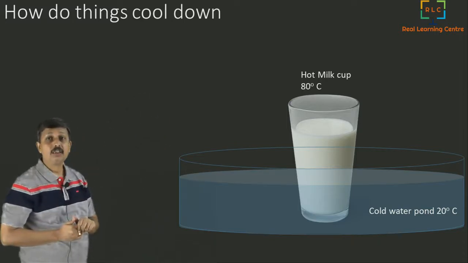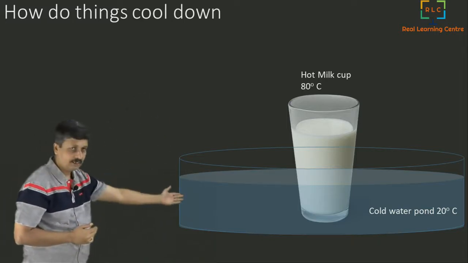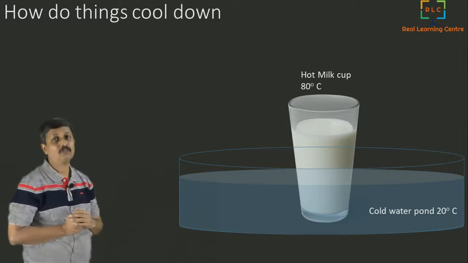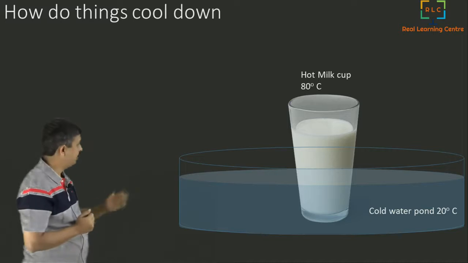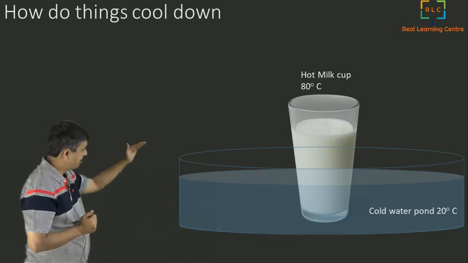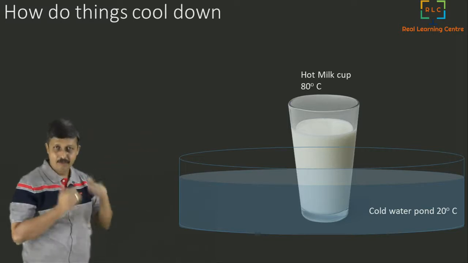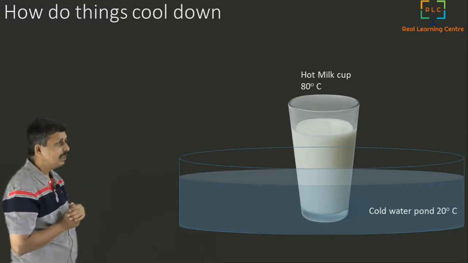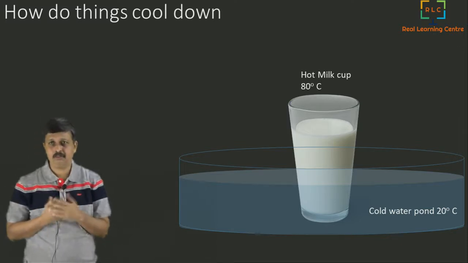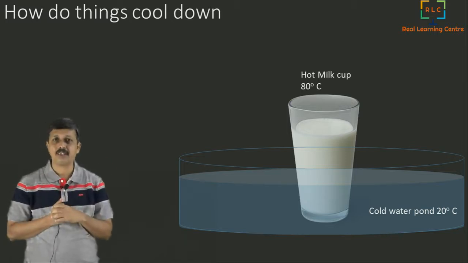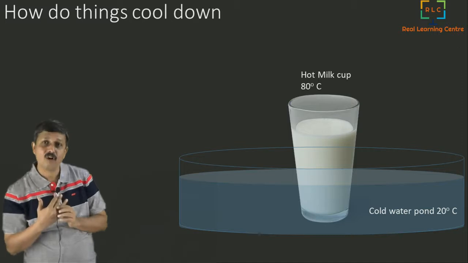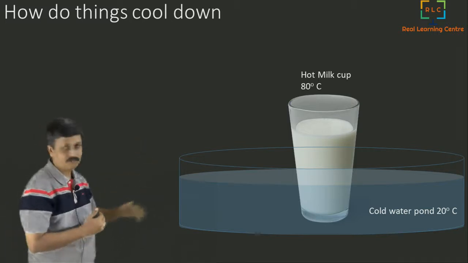Now this is 80 degrees, this is 20 degrees. So the difference is 60 degrees. What will happen now? Gradually the temperature of the milk comes down and becomes cooler. Now the question you have to think about as a physics student is to calculate how fast it will cool down.